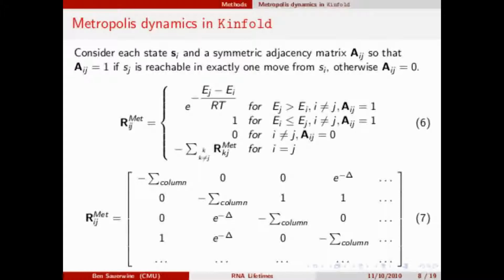It's given in laborious math there in equation 6, and equation 7 gives you a general picture of what my rate matrix looks like. So along the diagonal, I have the rates to exit this particular state i, and off diagonal I have either 0 if the states are not adjacent, or Metropolis rates if my states are adjacent.